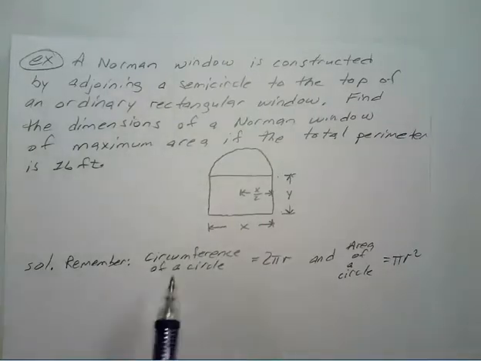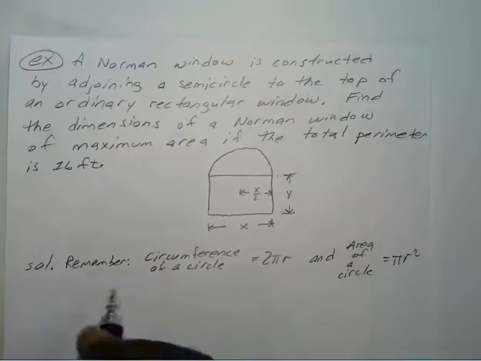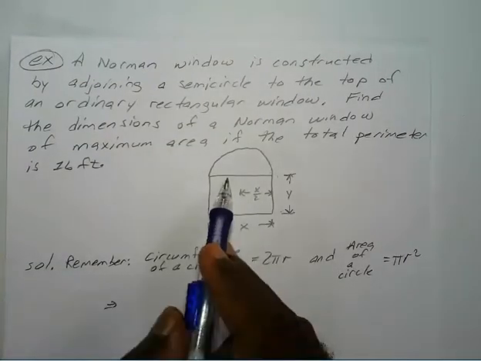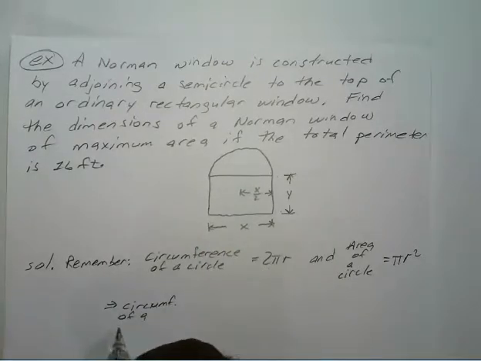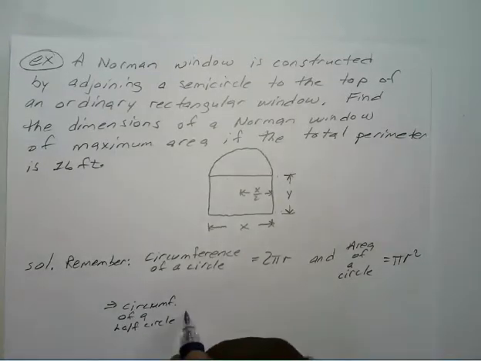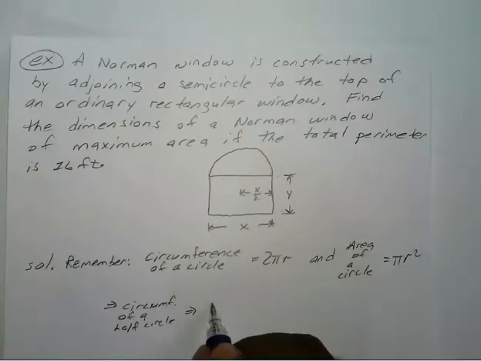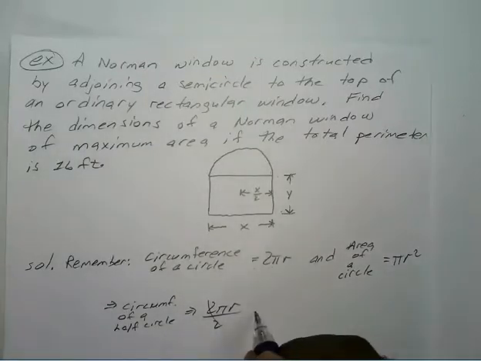Okay, so if the circumference of a full circle is 2 pi times the radius, we only have a half circle here. So the circumference of a half circle would just be half of that. So that would be 2 pi r divided by 2, where those two are going to cancel out.